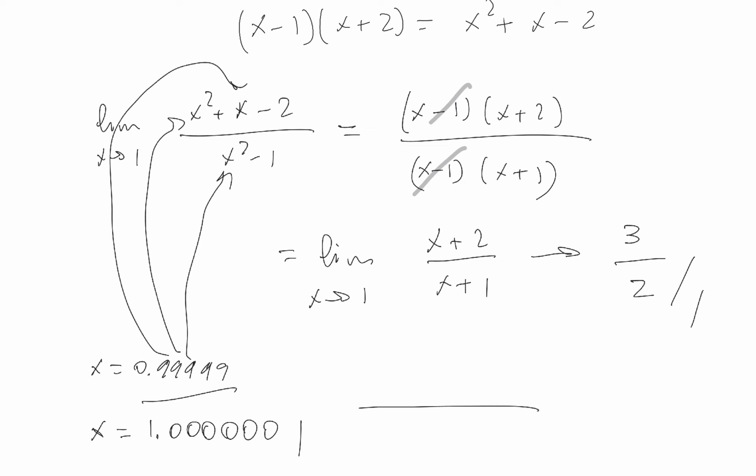So the point is 1, here is the 0, this point is 0.999999, and this point is 1.000001. Next to the point 1, there are 2 points. So when I approach the point, the value should approach 3/2. Try with your calculator to see if it happens.